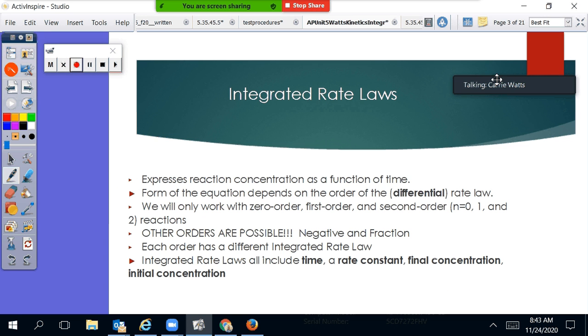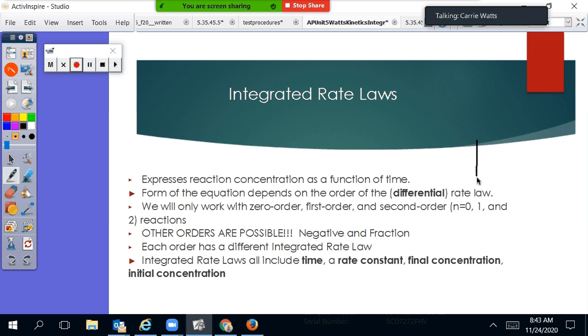Let's talk about what we're calling integrated rate laws. This is where we take our reaction concentration and express it as a function of time. What that means is we're going to take our graph, with time on the x-axis and concentration of the reactant on the y-axis, and see what we get.